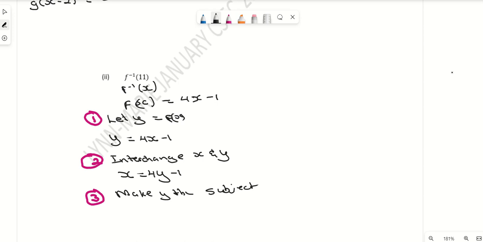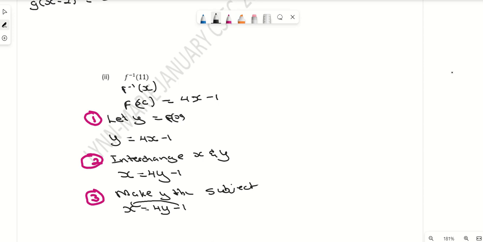You exchange the two unknown variables, that is y and whatever letter it may be, in this case x. When you interchange it, then you make y the subject. To make y the subject, if we have x is equal to 4y minus 1, we're going to carry across minus 1 over the equal sign.